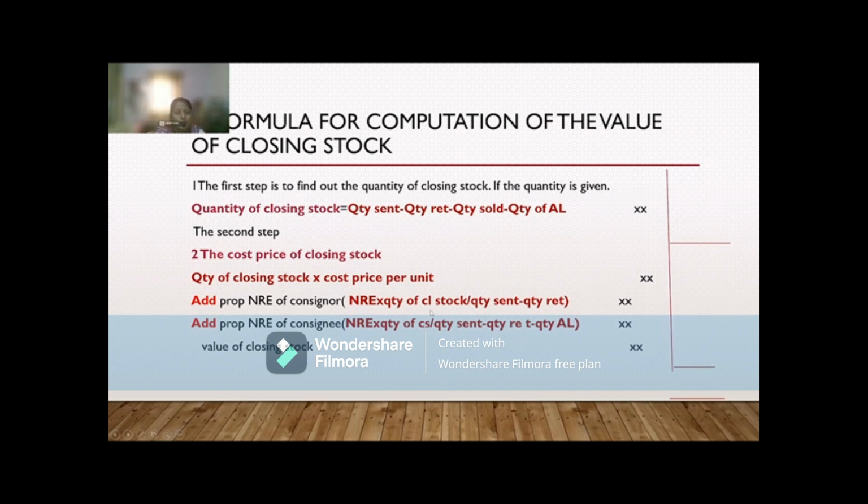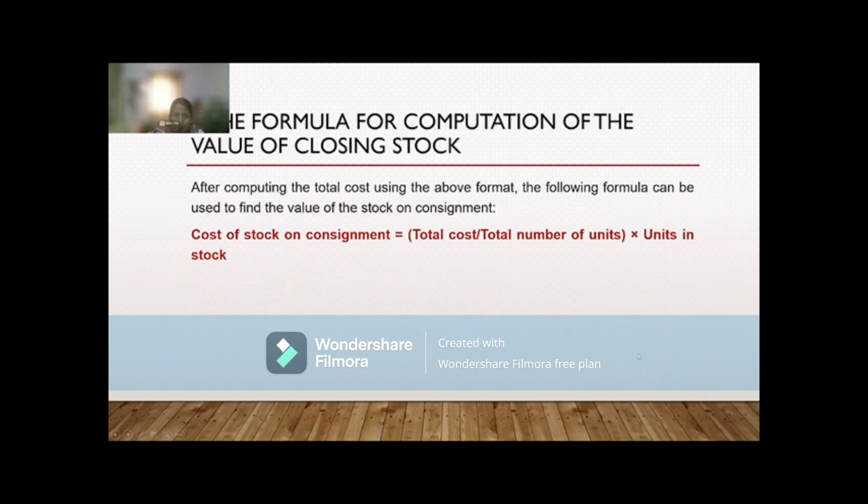We add these two non-recurring expenses to the cost price of closing stock, and we will get the value of closing stock. Another important easy formula for the calculation of the closing stock is total cost divided by number of units into units in stock.